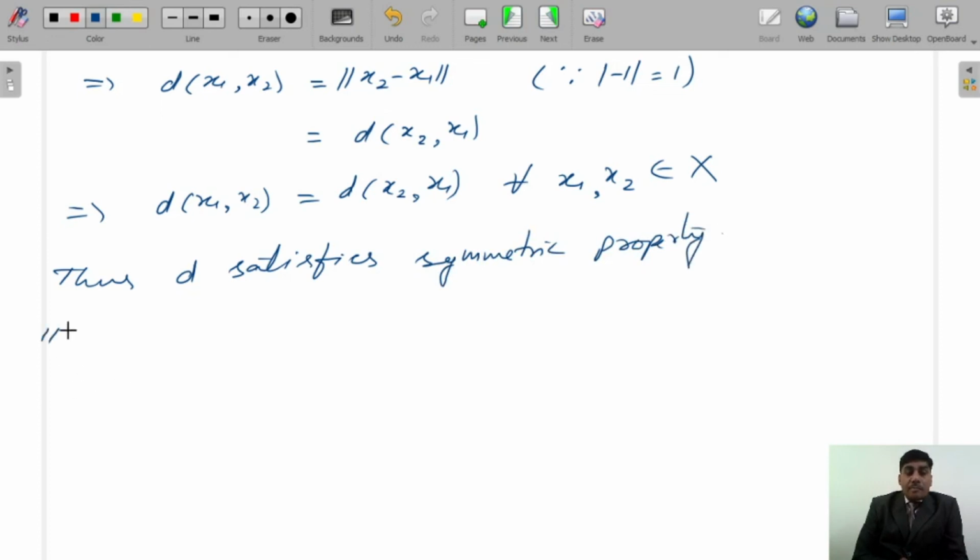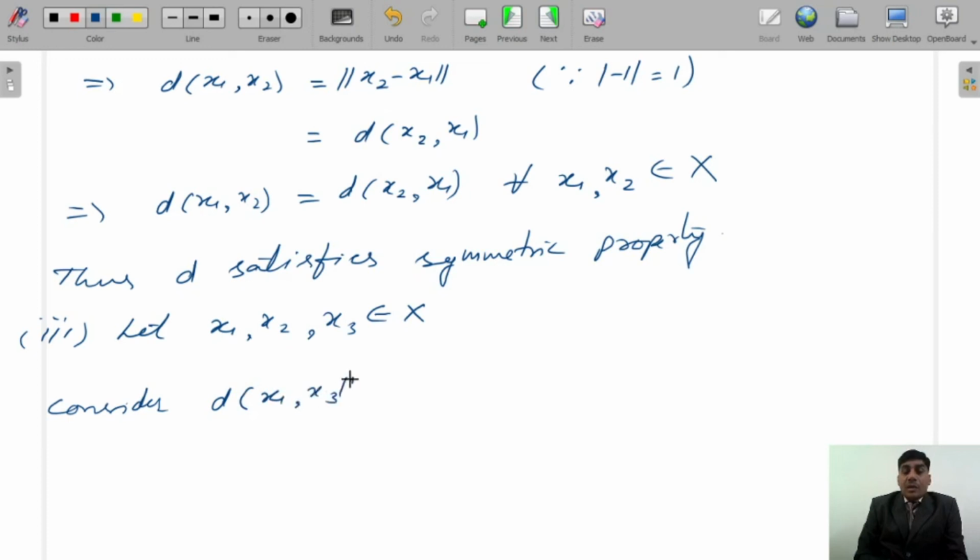Third, let x1, x2, x3 belongs to capital X. Consider the distance between x1, x3, which is equal to norm of x1 minus x3.